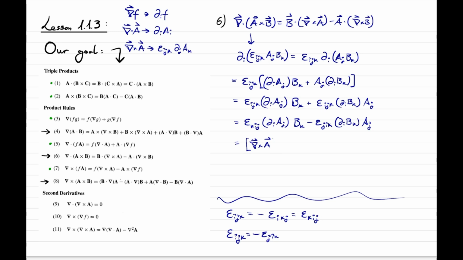No, I'm sorry, it's like the kth component of that vector, and now we have bk, and here we have the jth component of this vector contracted with the vector A. So if we translate back to the vector notation, this is just going to be the curl of A, in dot product with B, minus the curl of B in dot product with A. And this is the very same thing that appears here as a property.